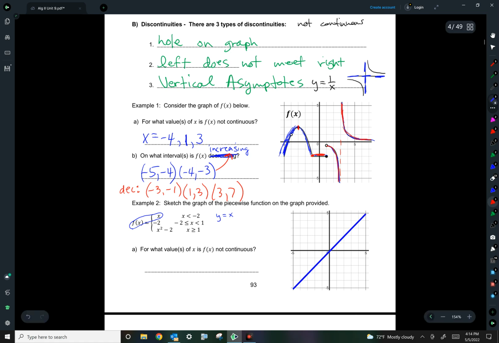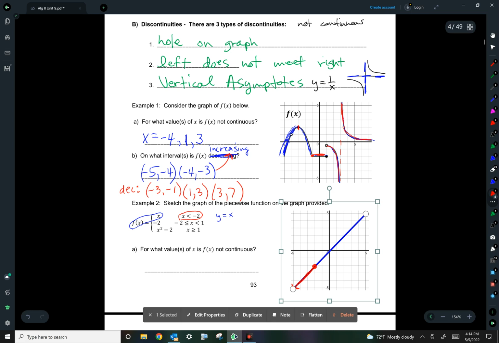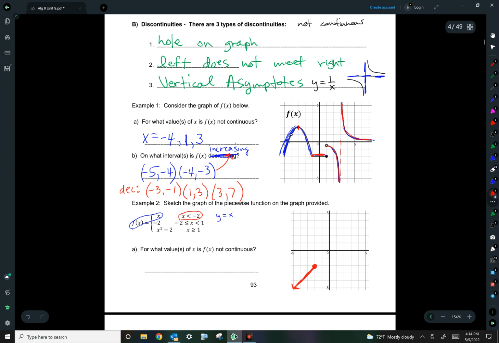But I don't want all of that graph. I only want the part when x is less than -2. So go to where x is -2, see where that hits your graph, right in here. And if I only want the part where x is less than -2, less than means to the left. So I only want the part of that graph that's on the left of -2. So I don't want the entire line. I just want a small piece of the line.